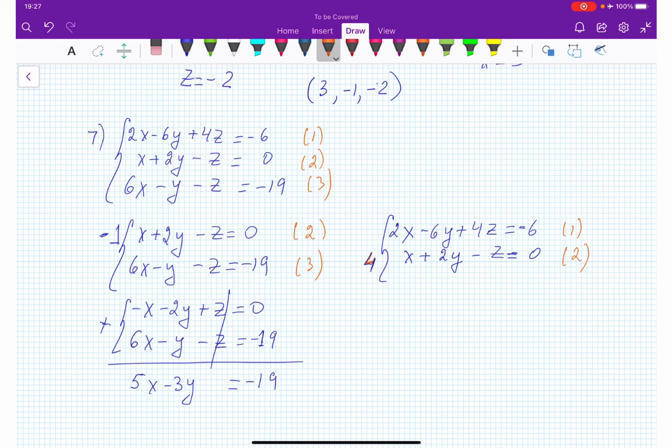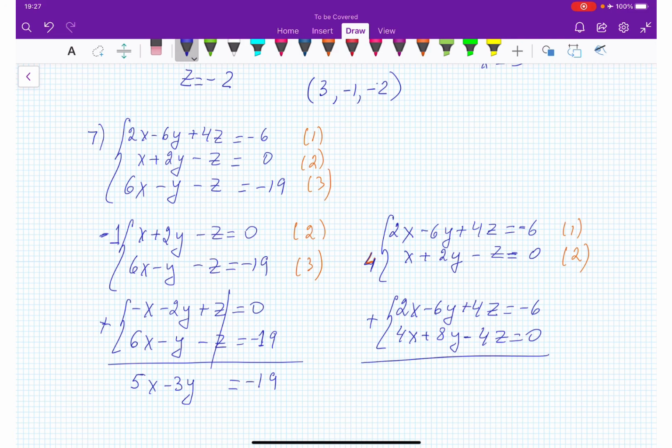Okay, so we have 2x minus 6y plus 4z is equal negative 6. 4x plus 8y minus 4z is equal 0. So I multiplied every single term by 4. If I add, this is nicely gone, as always. 6x plus 2y, and that is equal negative 6.